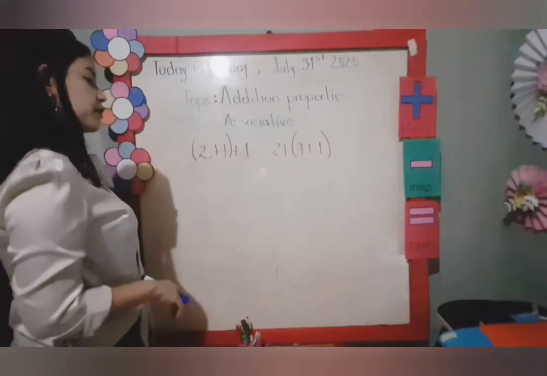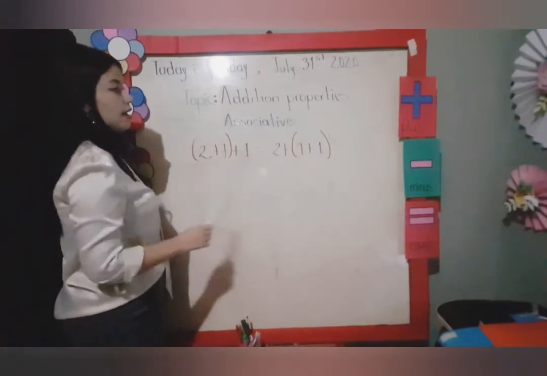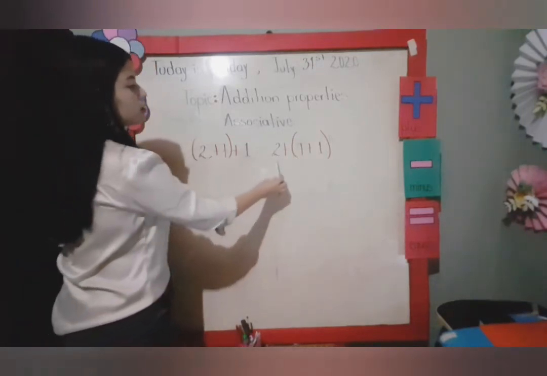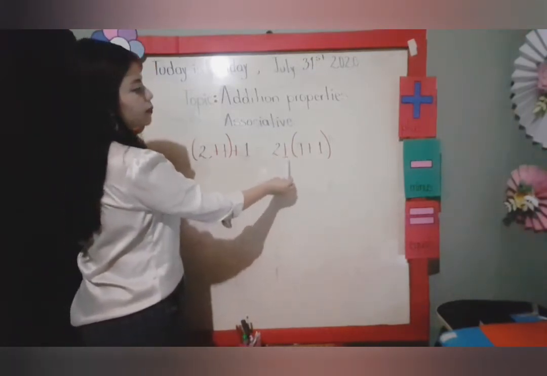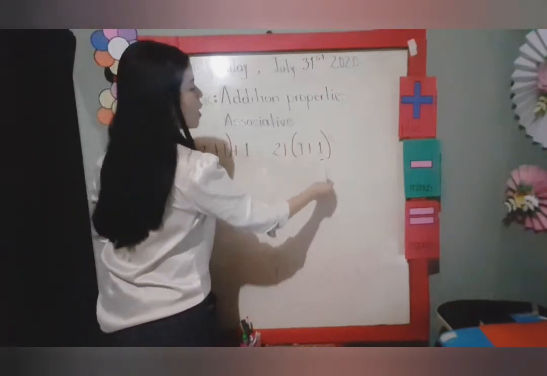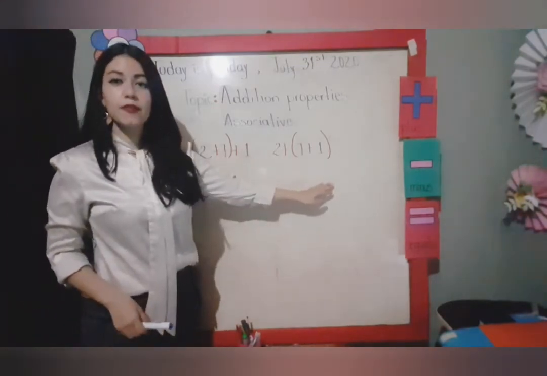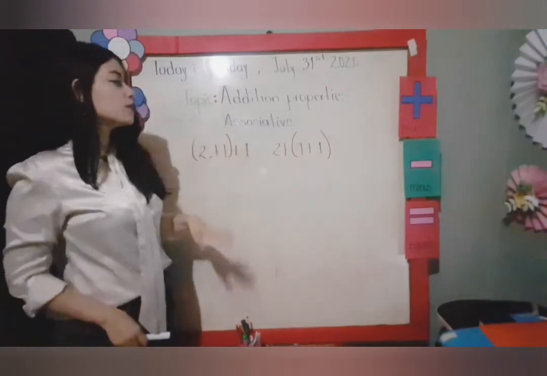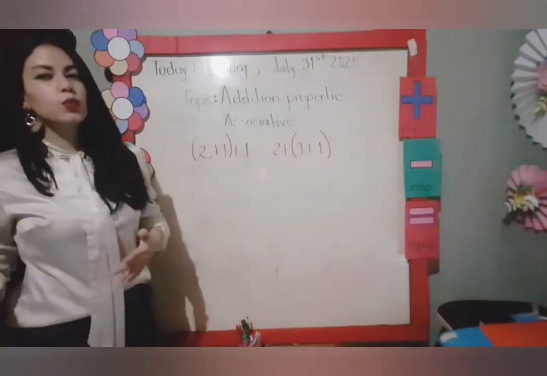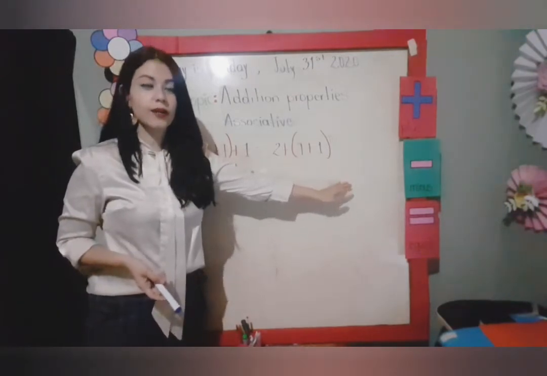For example, first, in parentheses, we have 2 plus 7, out of parentheses plus 1, is equal to, out of parentheses, 2 plus, in parentheses, 7 plus 1. It is the same addition but in a different order. The numbers are grouped in a different way. In other words, the parentheses are in different places.